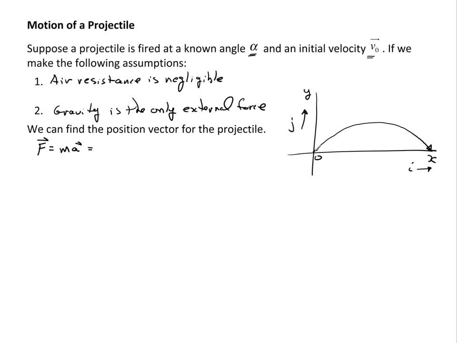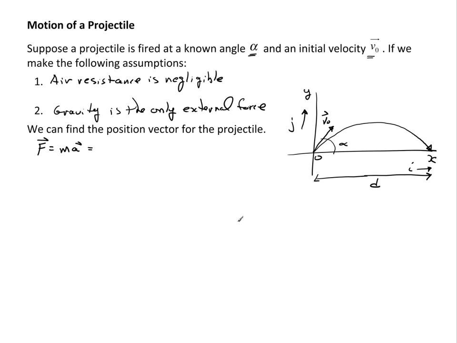So at time zero, I'm going to have the initial velocity vector. And the angle between this vector and the x-axis, this is what I'm going to refer to as alpha. Now the total distance that this thing's going to travel will be from here to the point where it actually lands.